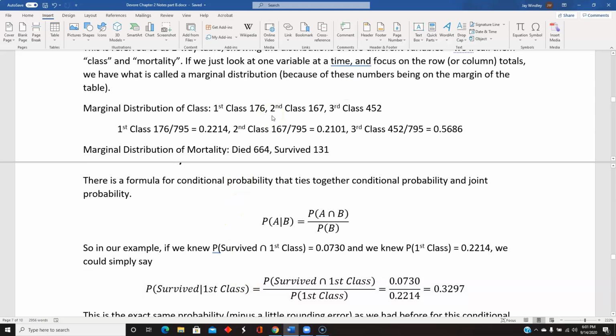But suppose we had figured out somewhere before that the probability someone is in first class is 0.2214. So I'm going to write that down right here.